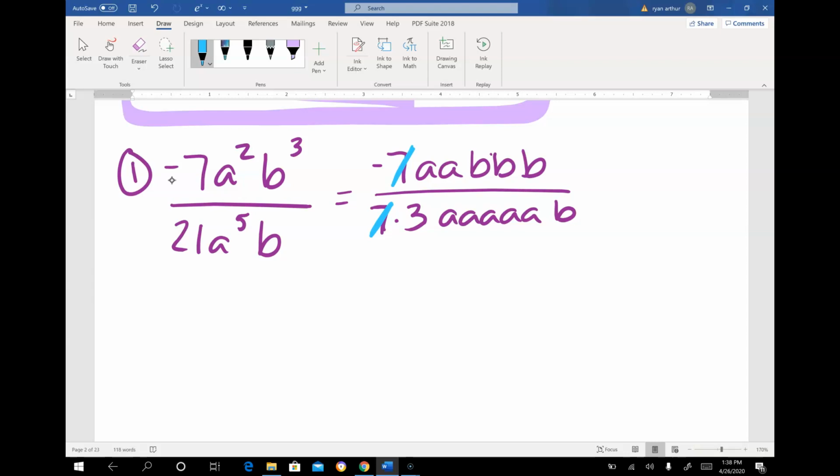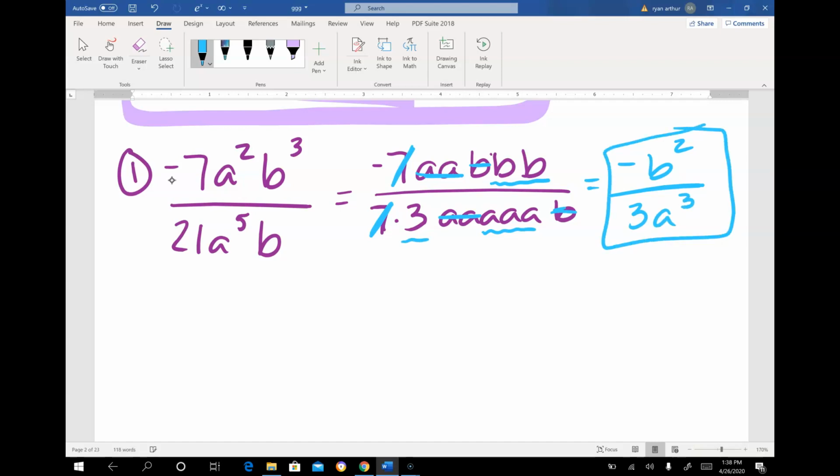I have 2 A's on top and 5 on bottom, so I can only cancel out the 2 because they've got to be both on top and bottom. And I can only cancel out 1 B because there's only 1 B on bottom. So I still have the negative. I have 2 B's left, so we can write that as negative B squared, divided by, I have 3 A's left and a 3, which would be 3 times A cubed. And that will be your answer.